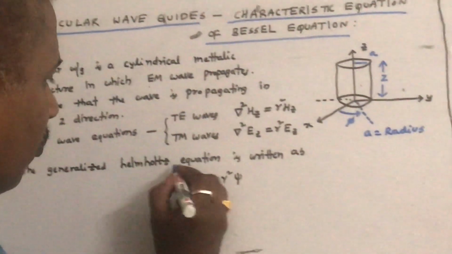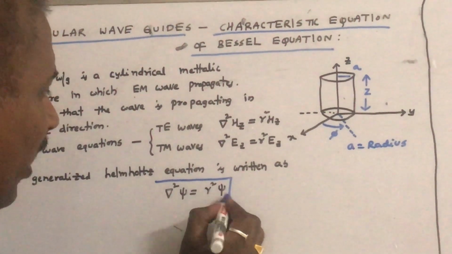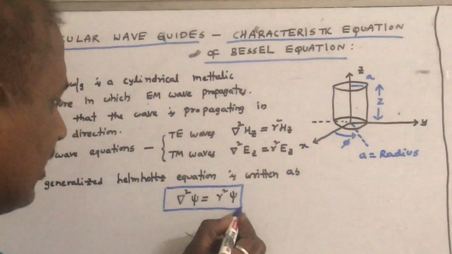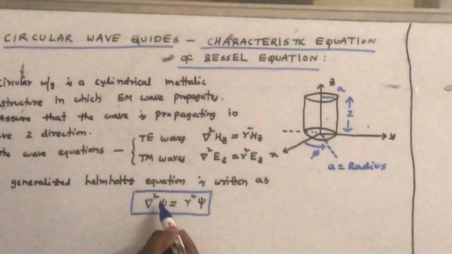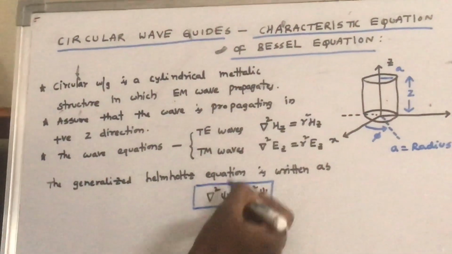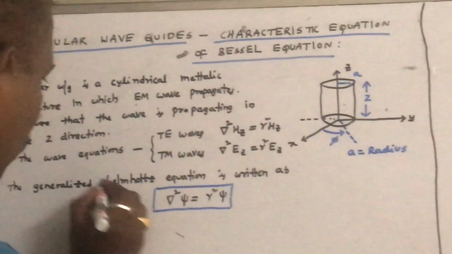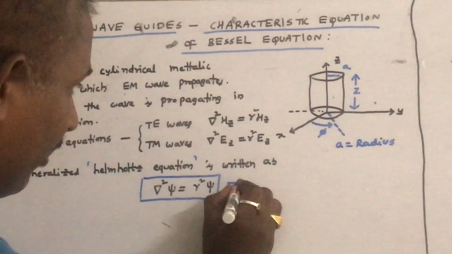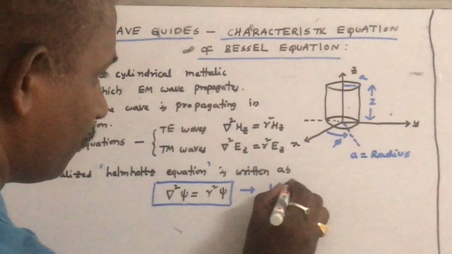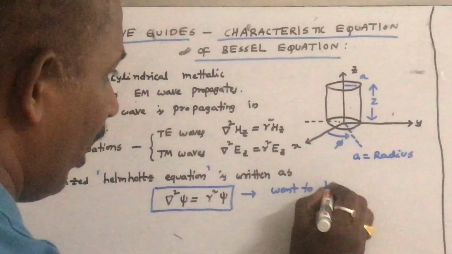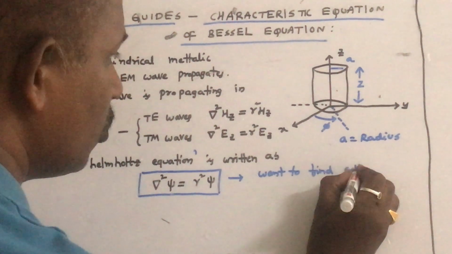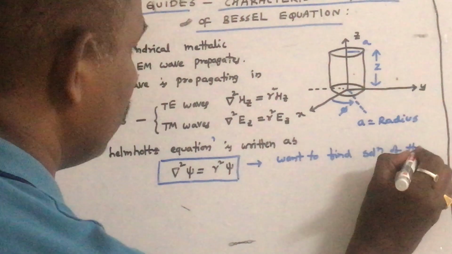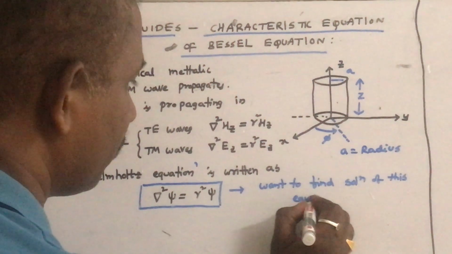We want to find out the solution of this equation. Later we can substitute in place of psi Ez or Hz. So we want to find out the solution of this equation.